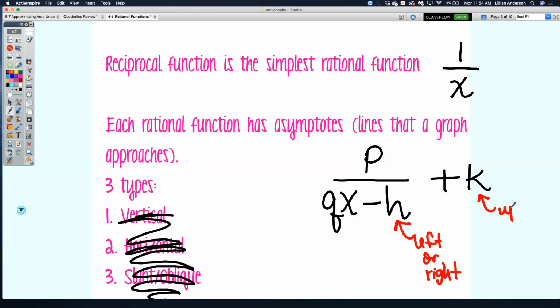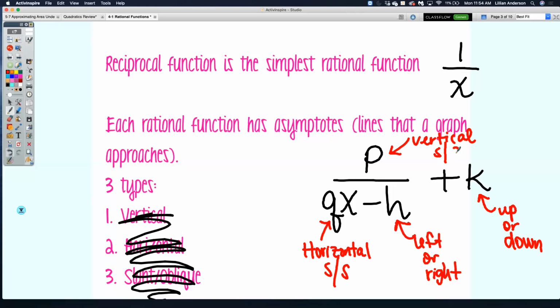Again, this means up or down. Here, anything that's attached to the x, that is your horizontal stretches or compressions. We'll say stretch or shrink, and then this one would be your vertical. Okay, so those are the different types of transformations that can apply to a reciprocal function. Any questions on that before we get into the different types?